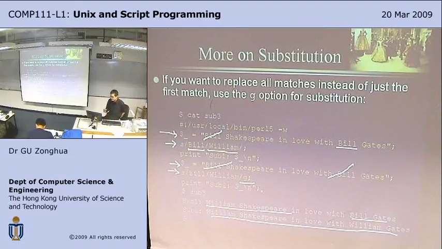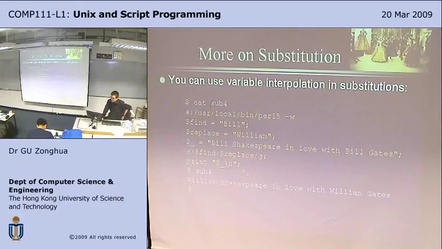So a new line is the separator in regular expressions. So anything separated by new line is treated as separate strings. Variable interpolation.